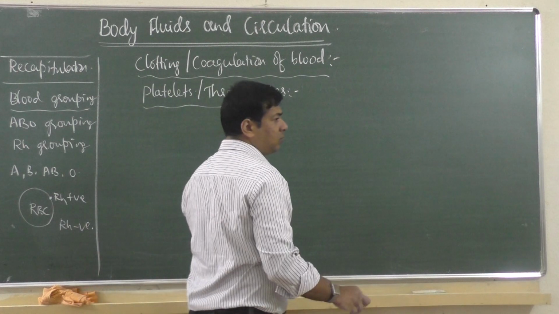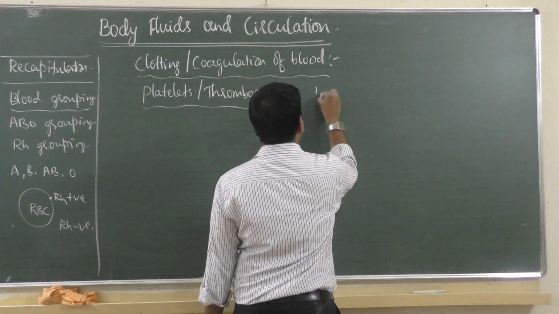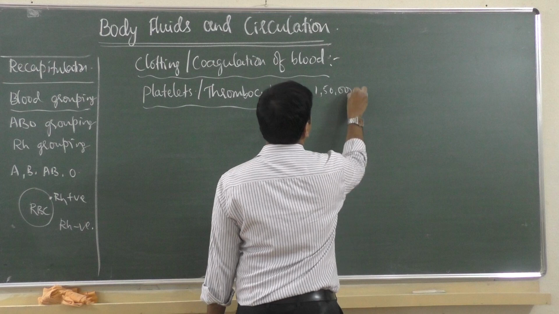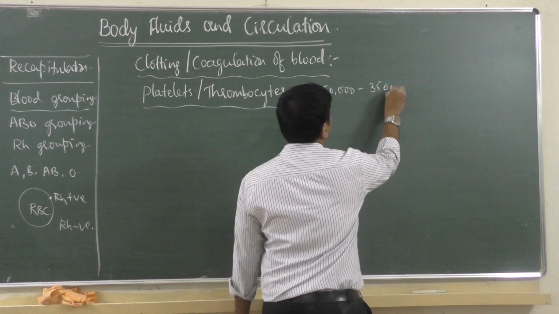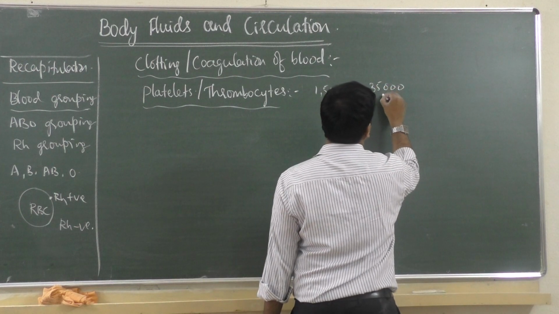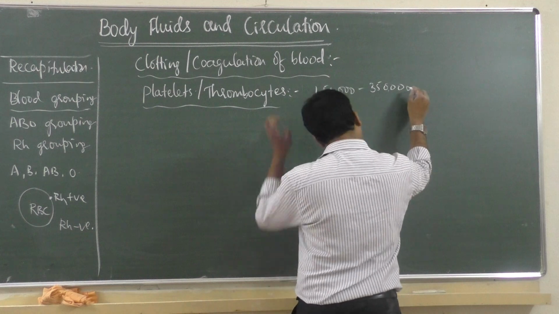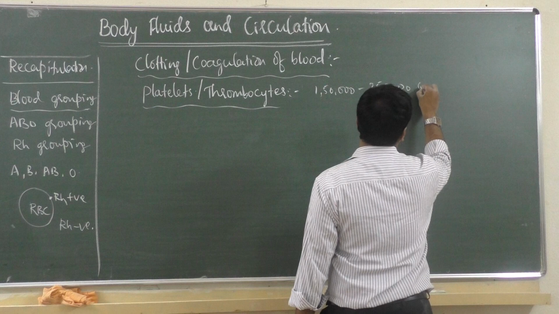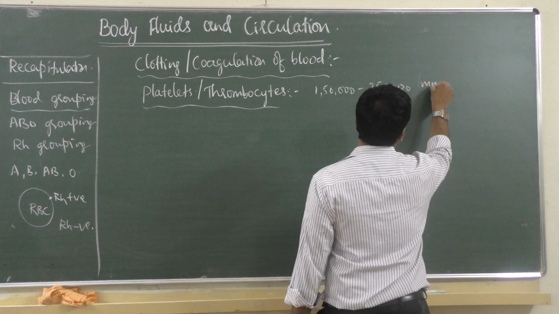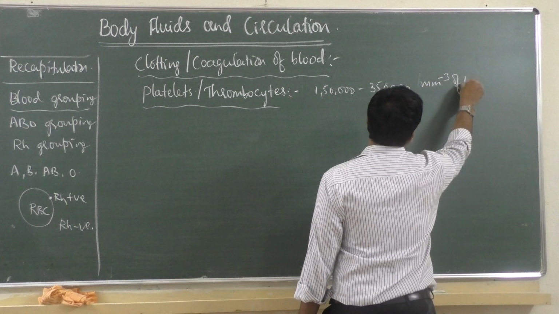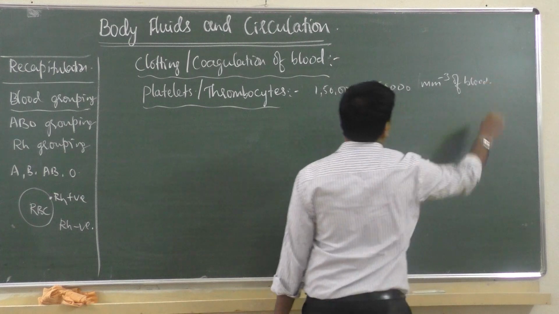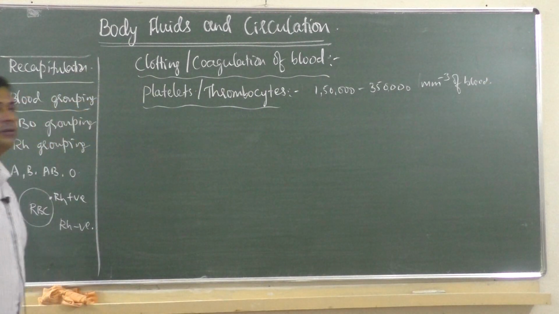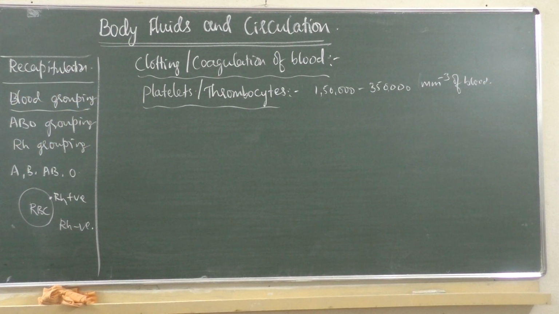And in what number will they be present? 1,50,000 to 3,50,000 platelets will be there per cubic millimeter of blood. That is what we have learnt.